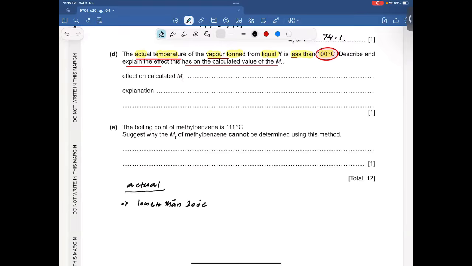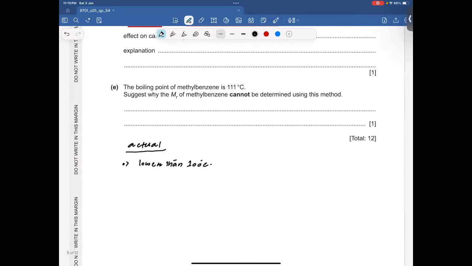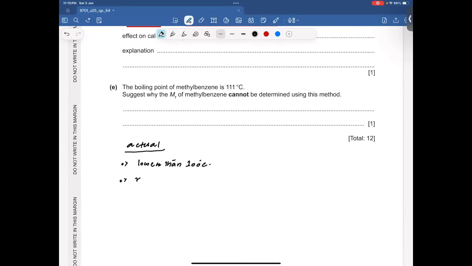Let me explain it to you. If we have lower than 100 degrees Celsius, obviously PV upon RT was the equation. If temperature is lower than 100, obviously moles is going to be higher. Moles is always equal to mass upon MR. So if moles is higher, obviously MR is lower. That was the actual experiment.